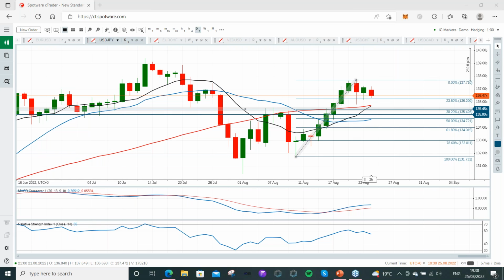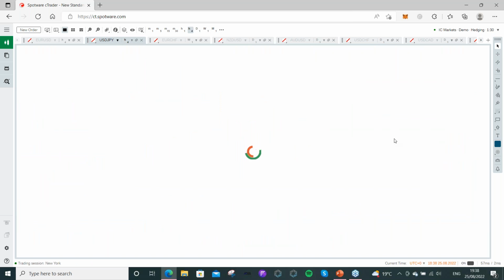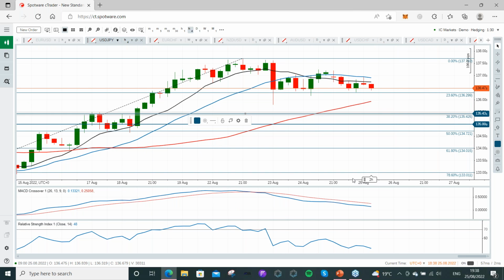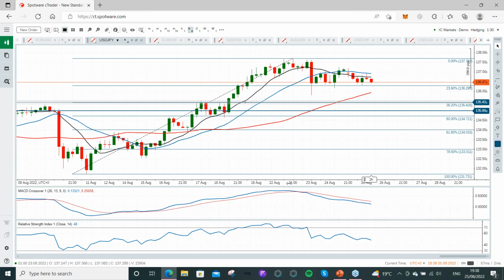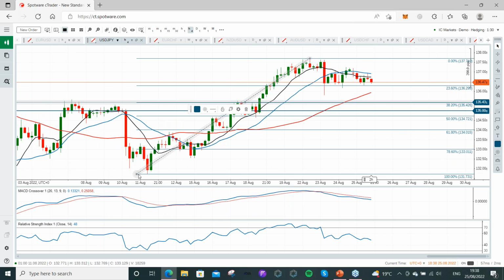Of course, there is always the possibility to go down further time frames, so I'll go down to the 4-hourly time frame just here. And we can see on the 4-hourly time frame, there's the daily Fibonacci that I drew in, and it shows that actually price is settling at this 23.6 level.